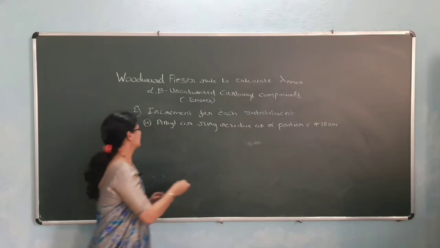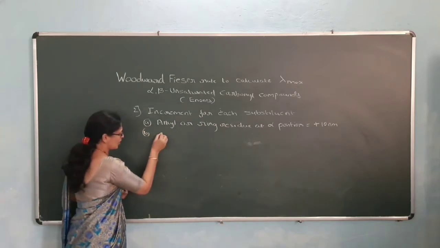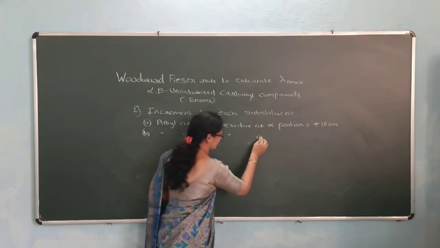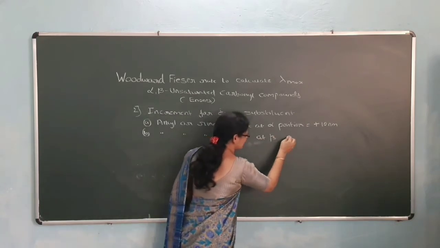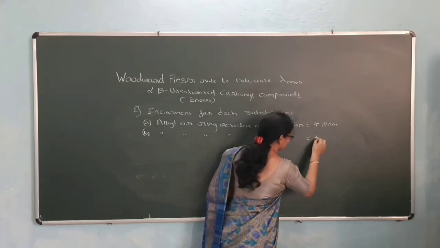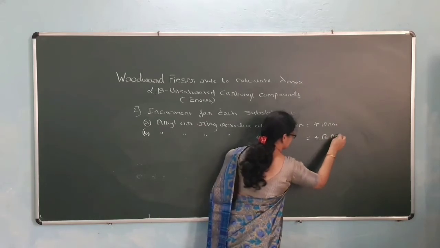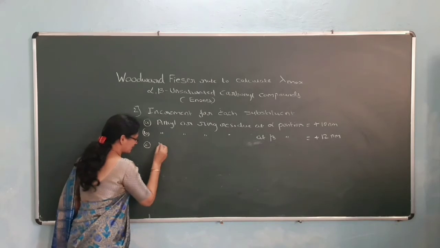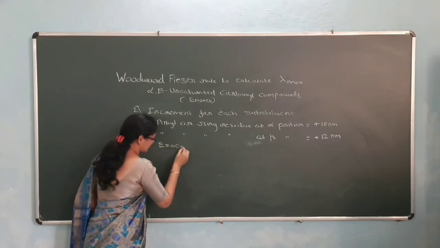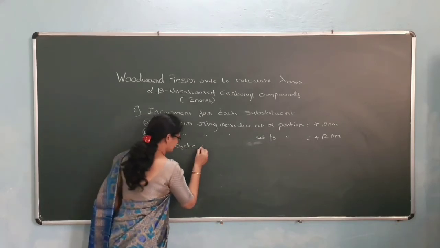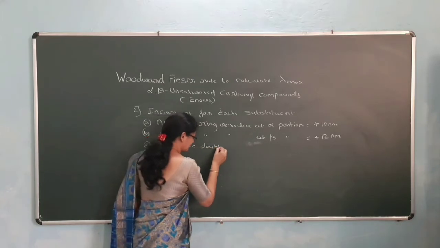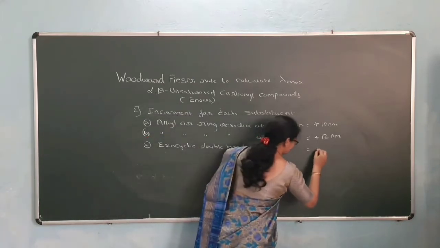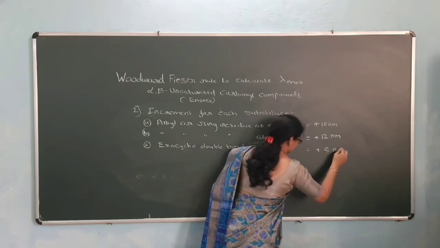Then if an alkyl group or ring residue is at the beta position, the increment given is plus 12 nanometer. The next, third one, if it is an exocyclic double bond, plus 5 nanometer increment is given.